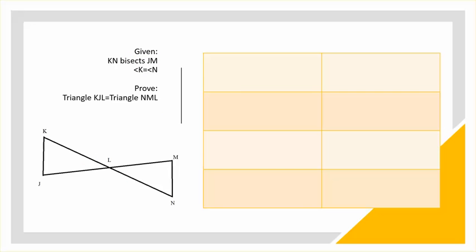Let's try a second one. In this problem, we are given that KN bisects JM and that angle K equals angle N. Again, go ahead and mark down any equal parts on your picture. So I marked that angle K and N were the same. Then we always start by writing down our givens.